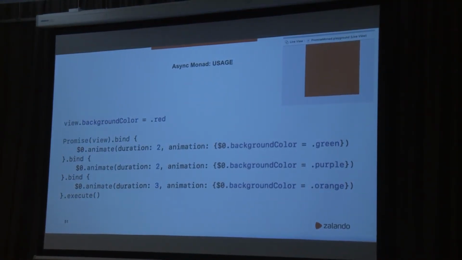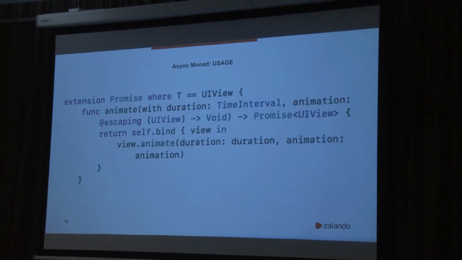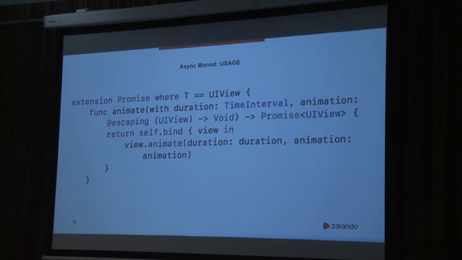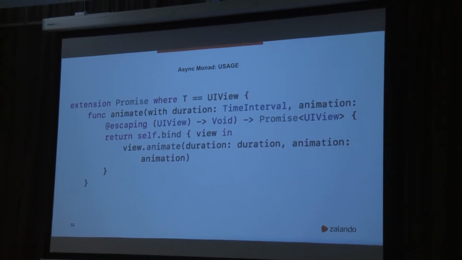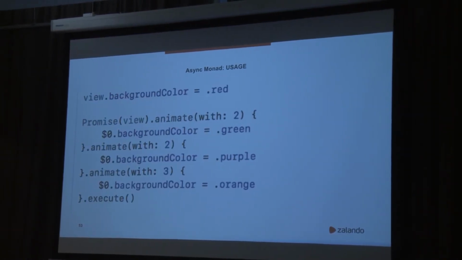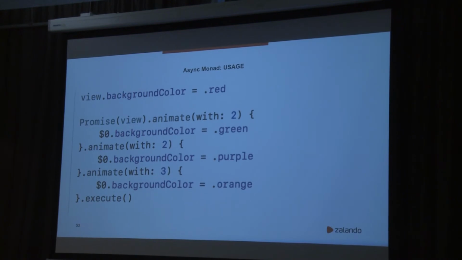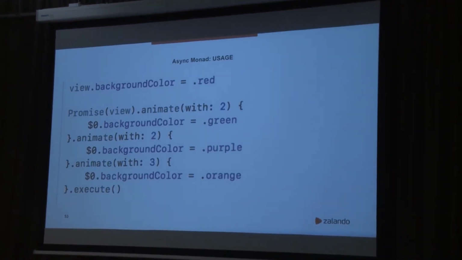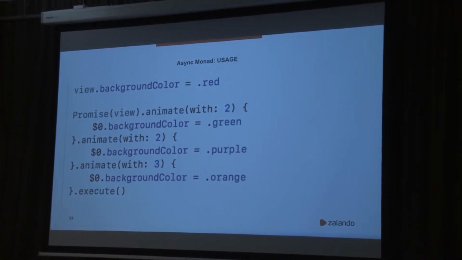Now, maybe we can also go on and generalize some of the repeating parts. I'm going to have an extension, which you don't really require, but I'm just going to show how expressive you can be. So it again returns a promise, but it does the animation inside. Now you have something like this. There is nothing saying that there is going to be a completion, a nested callback, or what if something goes wrong?